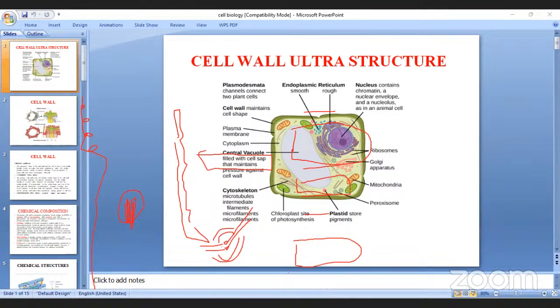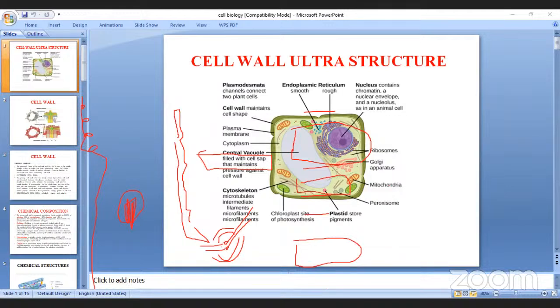Based on the staining, chromatin is of two types: heterochromatin and euchromatin. What is heterochromatin based on staining? Fully stained, dark stained or light stained? Just see the book. Find out one word. The difference between heterochromatin and euchromatin based on staining, right?